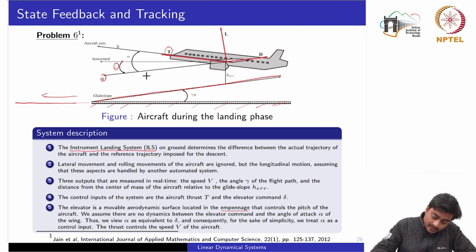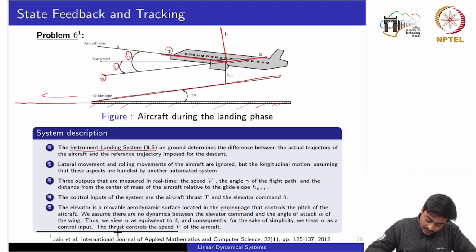This angle of attack is basically the angle between the aircraft axis and the axis along the glide slope. Basically this one, the angle of attack alpha of the wing. Thus we view alpha as equivalent to delta, and consequently, for the sake of simplicity, we treat alpha as the control input instead of the elevator command delta.